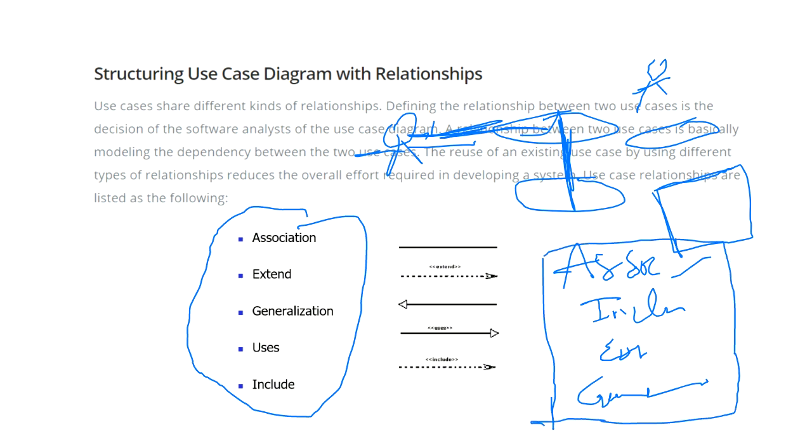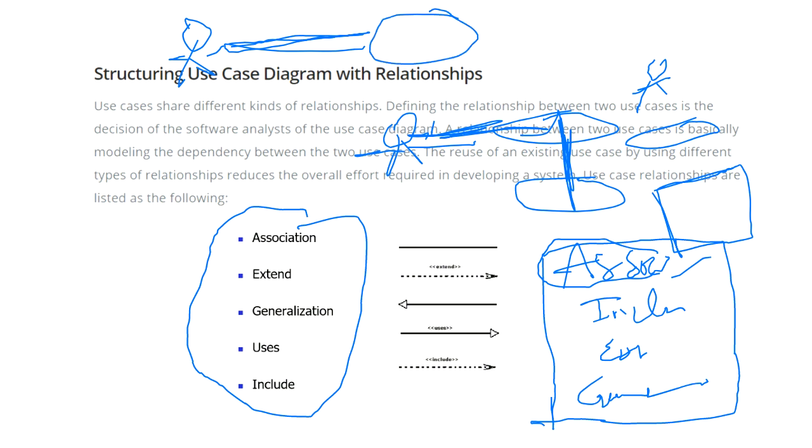Association is nothing but just, as the name suggests, this person is associating with this use case. For example, if there is an actor here, association is drawn with the help of a single line, no arrows. And here, suppose, is login. Login is the use case.